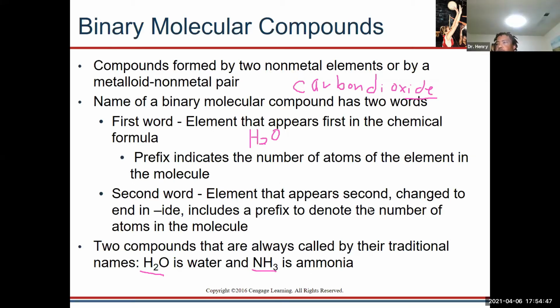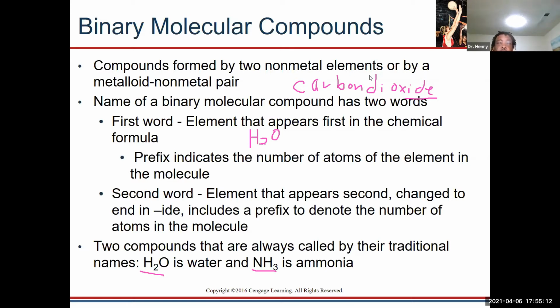First, we're going to talk about covalent bonds. When we're talking about covalent compounds, we have a certain way of naming things. We use what we call prefixes, like in the case of carbon dioxide, di meaning 2 oxygens.